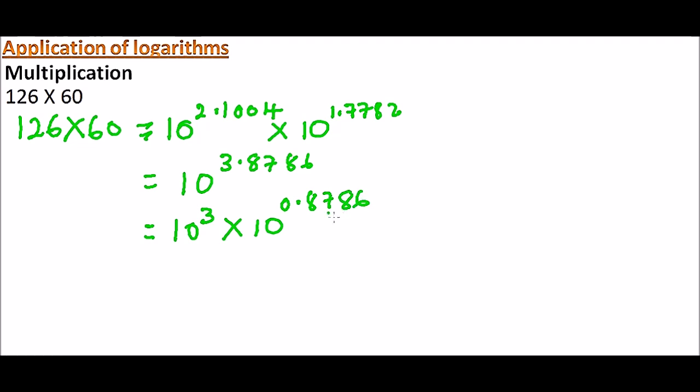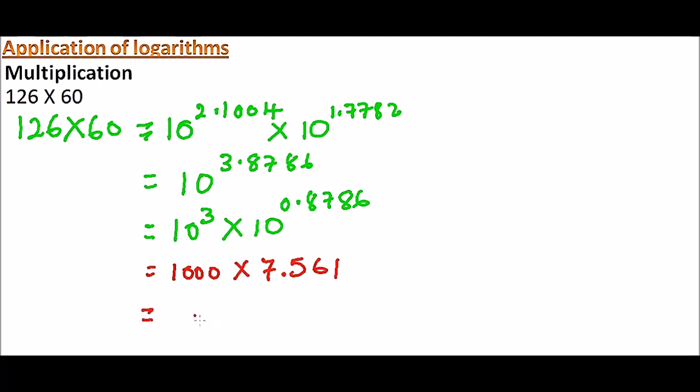We get the anti-logarithm of this, and 10 cubed is the same as 1000, multiplied by the anti-logarithm of 0.8786, which is 7.561.